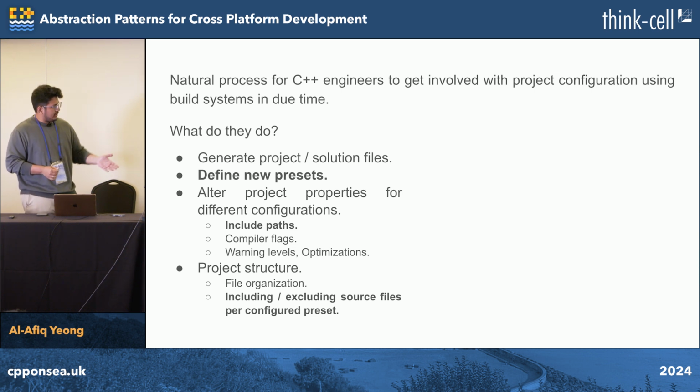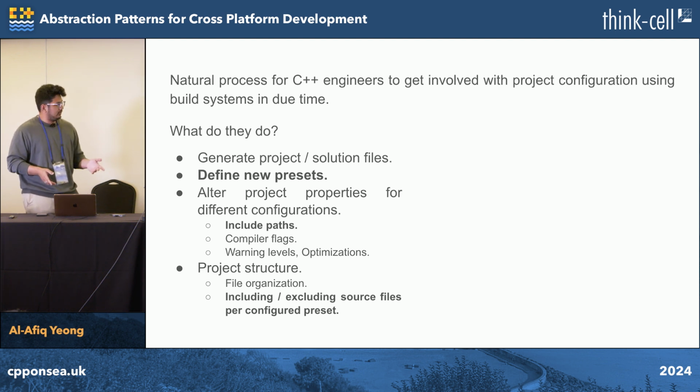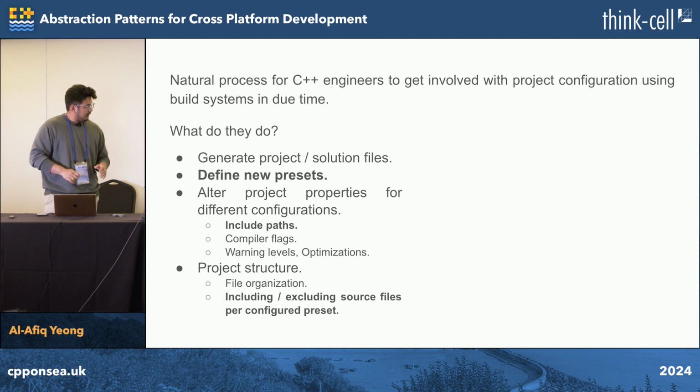They also help with project structure in terms of file organization, right? I mainly use Visual Studio, and you could organize your files in the Solution Explorer with CMake. And then this is the most important part. You can include or exclude source files based on the configuration.